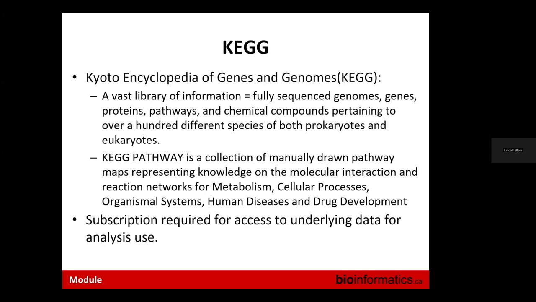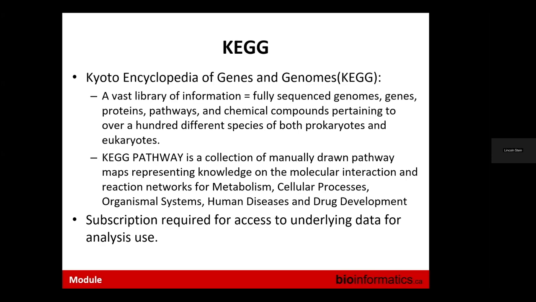It features a resource called KEGG Pathway, which is a collection of manually drawn, quite attractive pathway maps that represent various pathways in metabolism, cellular processes, organismal systems, human diseases, and drug development. As you can see from this list, it's kind of arbitrary chapters, but they work well.